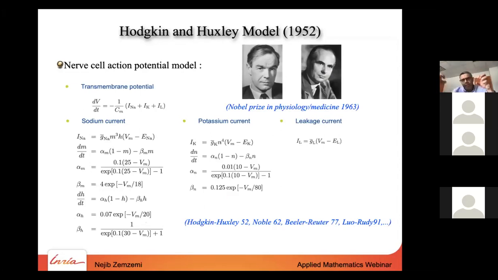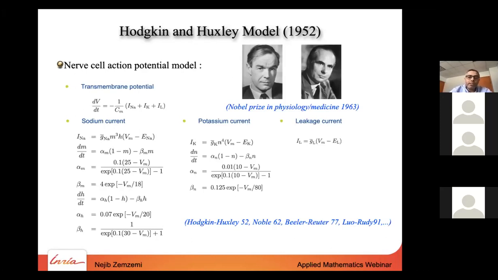They extracted the squid neuronal cell, which is very huge, and they put electrodes inside and outside, and they effectively measured the transmembrane potential. And they built the first mathematical model for the electrical activity based on electrophysiological measurements. They got the Nobel Prize in Physiology and Medicine.